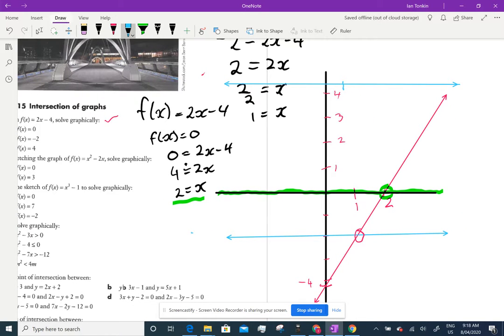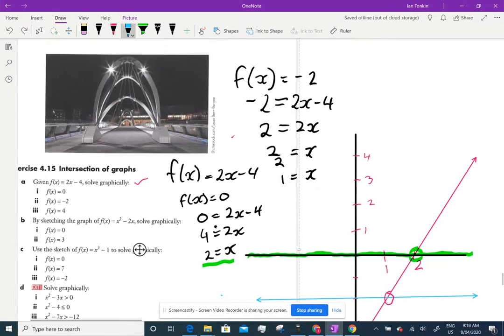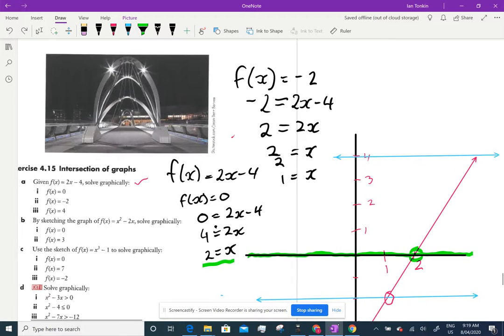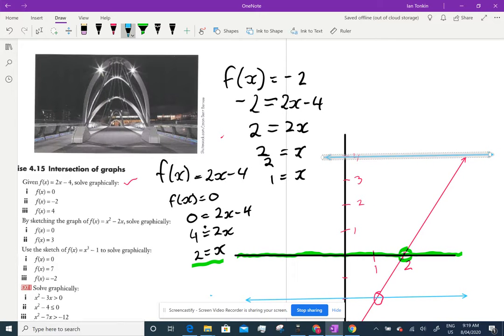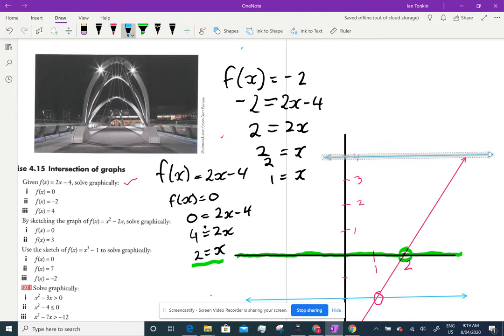I can't. I'll undo that and undo that. So try again. So it's going to be approximately there.